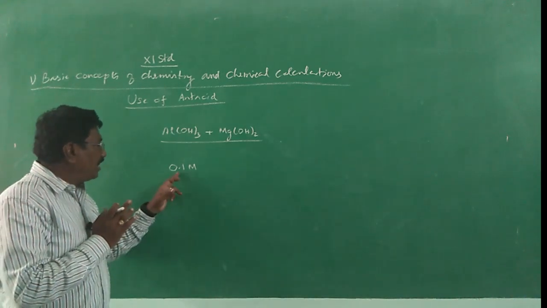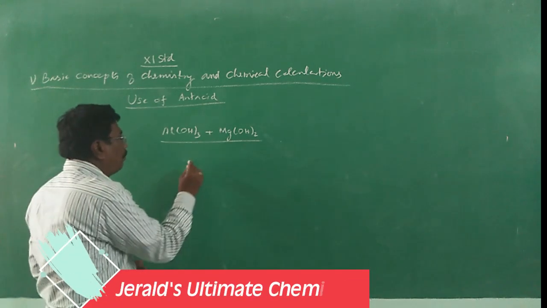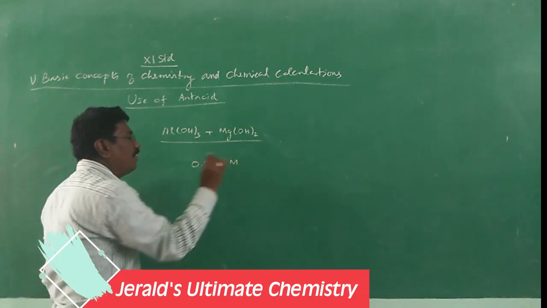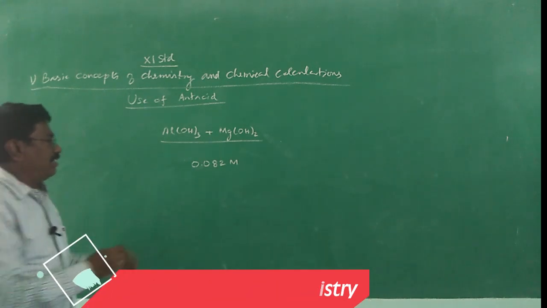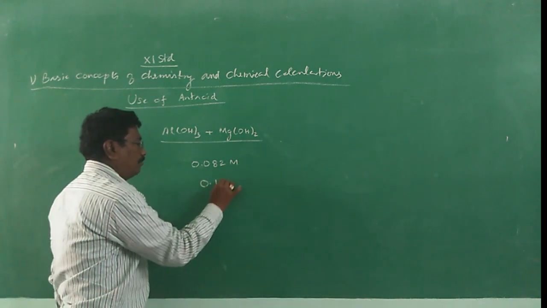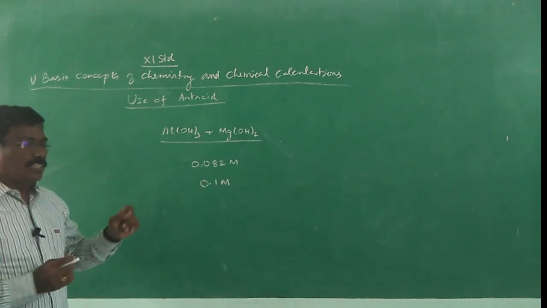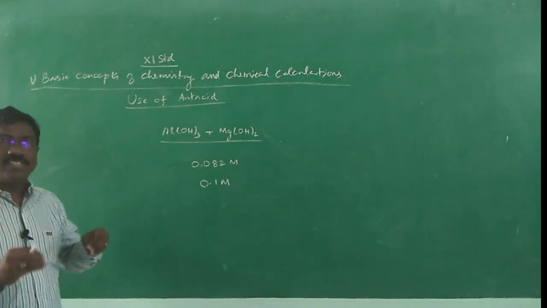But when the concentration is up to 0.082 molar, we feel comfortable. When it becomes higher, say 0.1 molar, we feel discomfort. So gastric acid, usually in our stomach, is secreted for digestion and other things.